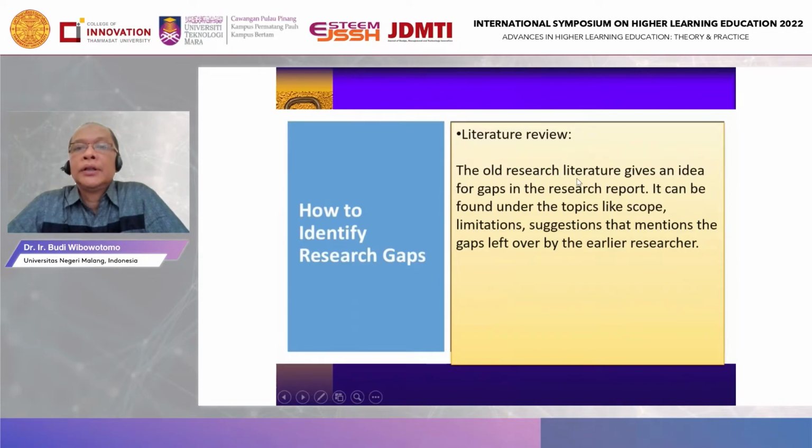We read similar or specific literature that is similar to our area, and then we try to summarize what the topics are, what the limitation is, what the suggestion is in this literature, and probably from our reading we can investigate the gaps left over by the earlier researchers.